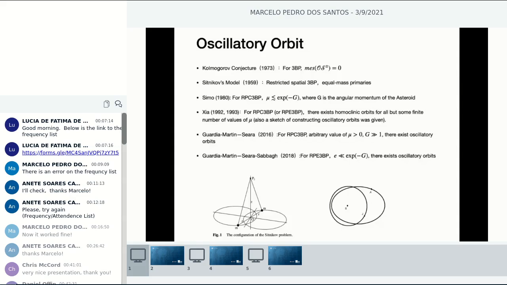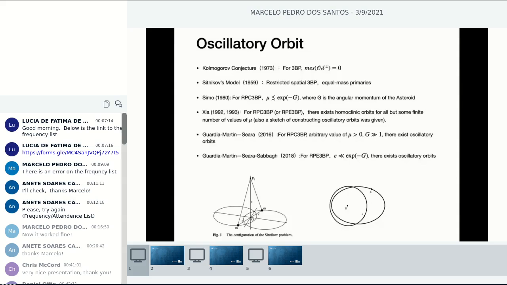After that, Professor Zhang published two papers in 1992 and 1993. He considered the RPC three-body problem or the RPE three-body problem. He proved the existence of the homoclinic orbit for all but some finite number of values of mu. Besides, he also gave a sketch of constructing oscillatory orbits in these two papers, and even diffusion orbits are considered.